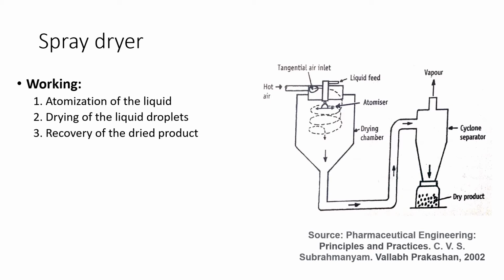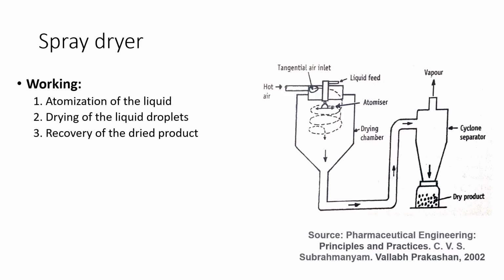The second step is drying of the liquid droplets. These fine droplets come instantaneously in contact with this hot air. After coming in contact, the liquid inside escapes by diffusing through the shell at a particular rate. So heat transfer takes place.